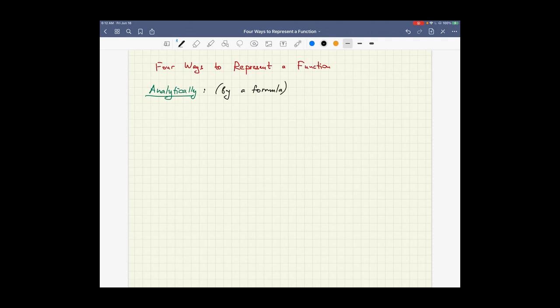The only thing I want to mention here is that when a function is given by a formula and the domain is not given specifically, let's make it a convention.